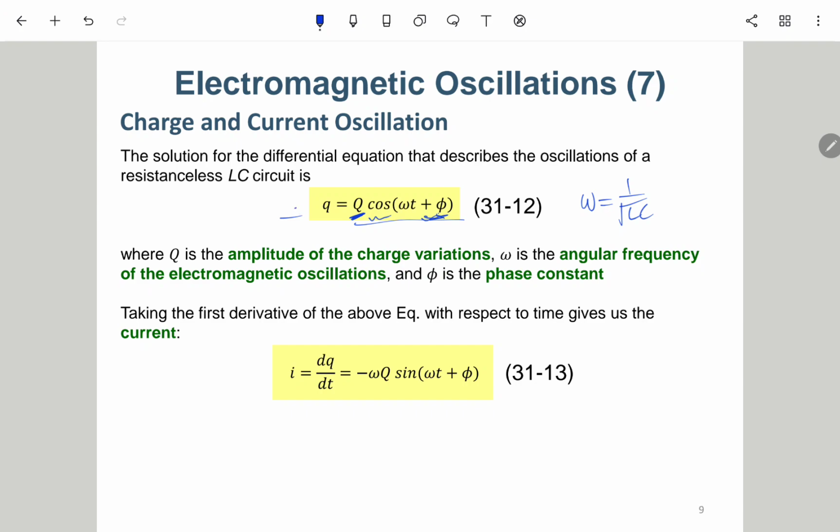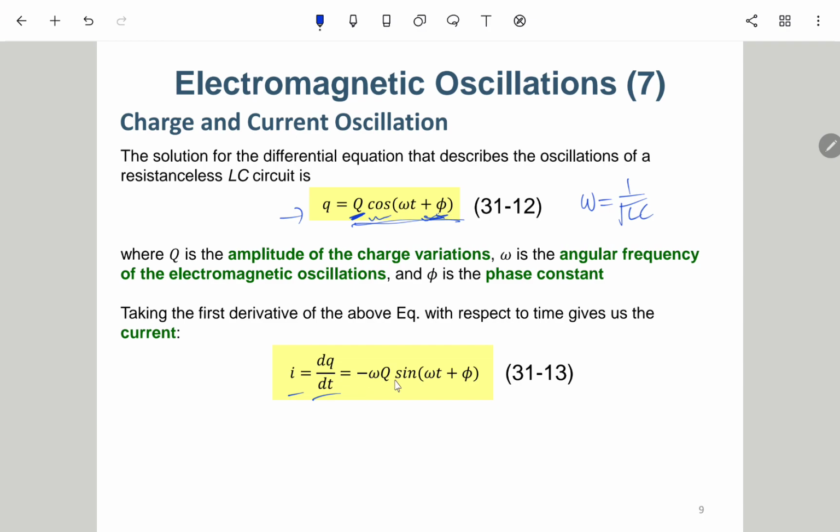Here we have this Q for the second order ODE with respect to Q. We can plug this in here, and dq dt is the I. So for the derivative dq dt, we have Q, and the derivative of cosine is negative sine.